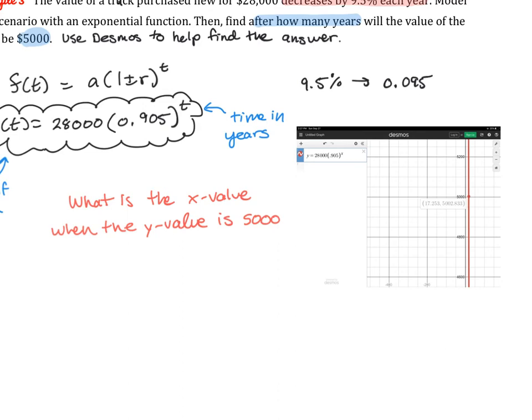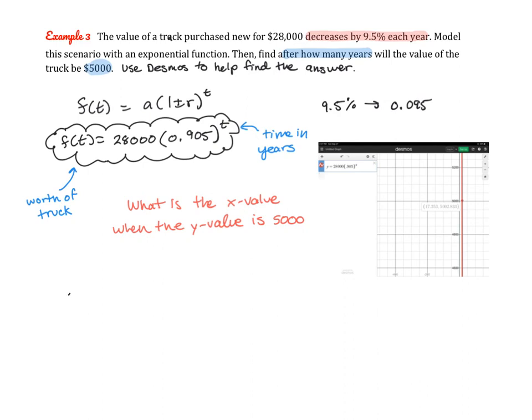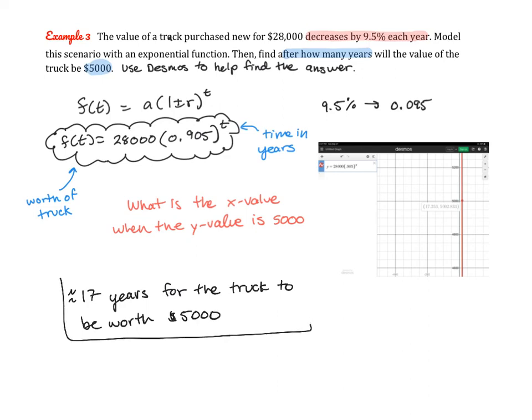So we can say that it would take approximately 17 years for the truck to be worth $5,000. And again, here we're just doing a rough estimate based on the points that we found on Desmos.